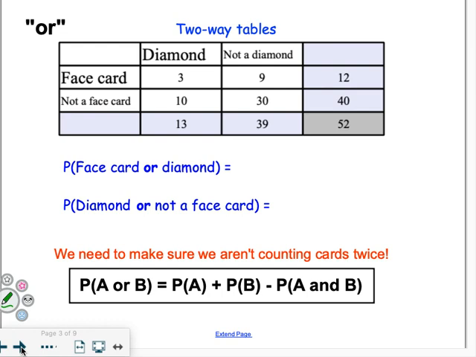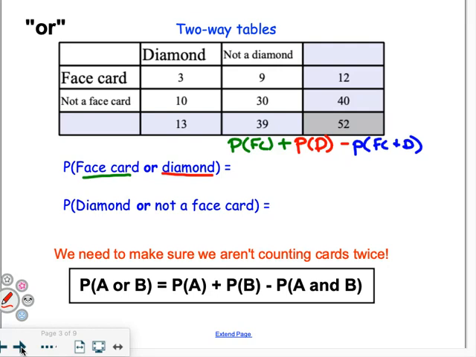And we learned about this formula yesterday: probability of A or B is equal to the probability of A plus the probability of B minus the probability of both. So we need to do that same thing here. I want probability of a face card plus probability of a diamond minus probability of a face card and a diamond.